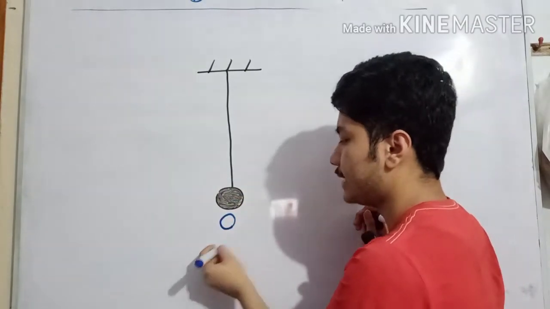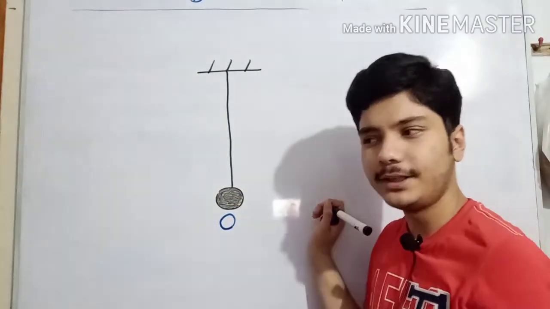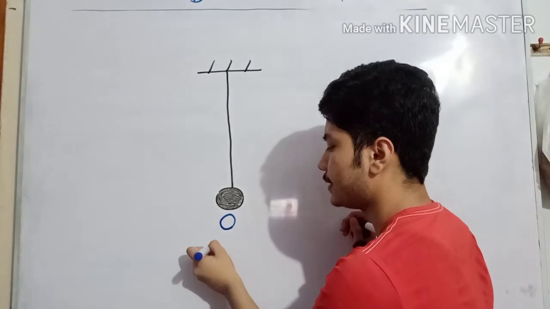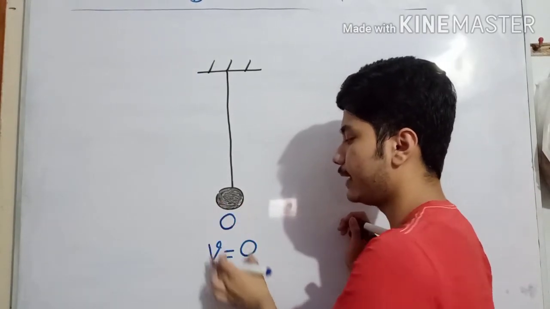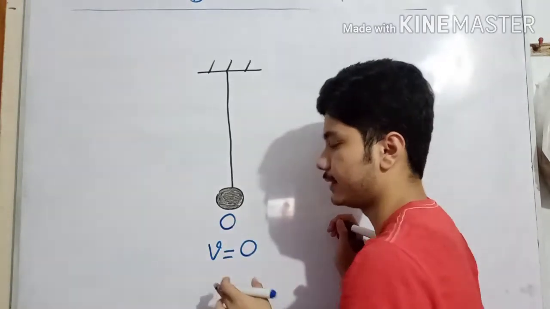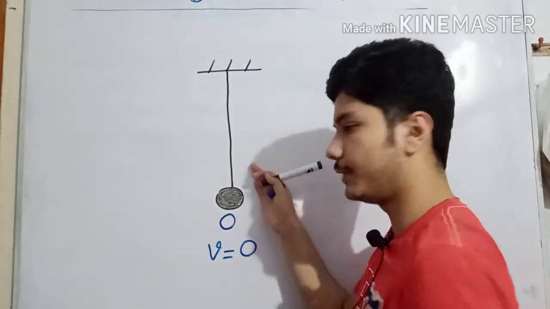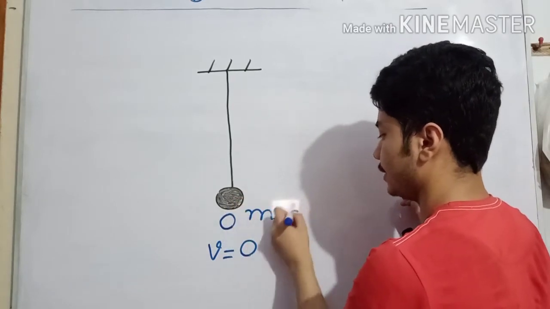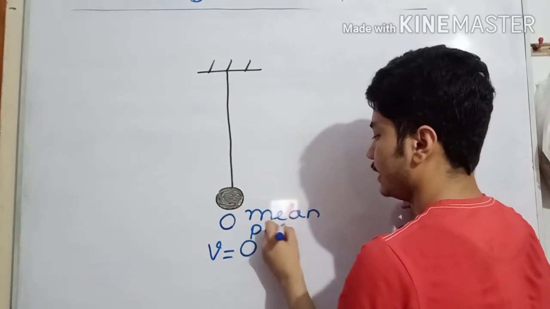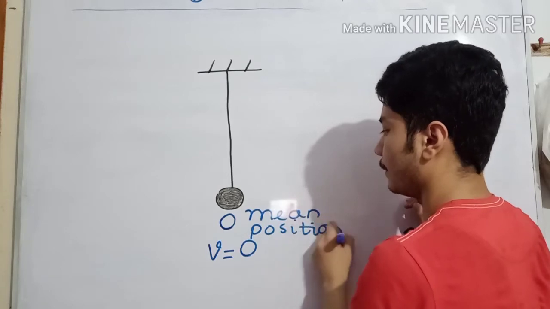This pendulum is at rest. When a body is at rest, it means its velocity is 0. So the pendulum has velocity 0 because it is at rest. And when a pendulum is at rest, the pendulum is said to be in mean position. So this is the mean position for the pendulum.